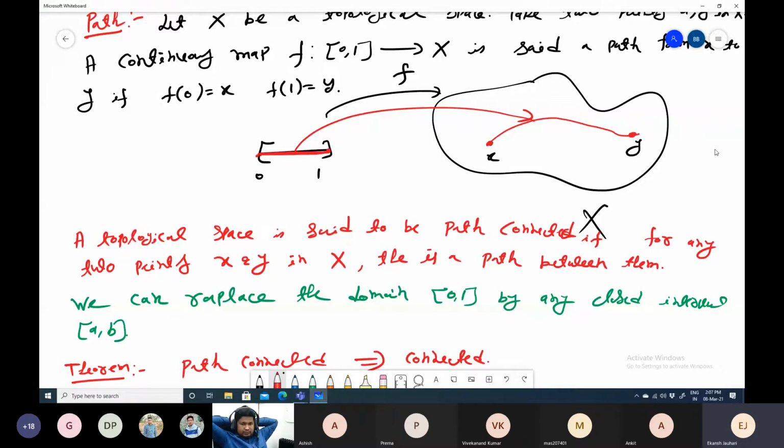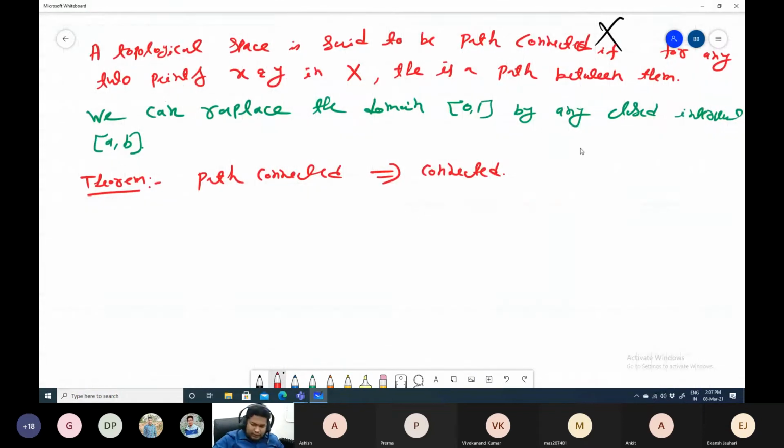So it can follow from the fact that the domain interval is connected, so its image will be connected. No, but this is not a surjective one, right? Now, if [0,1] is connected, so this follows by contrapositive. Suppose, if possible, X has a separation.